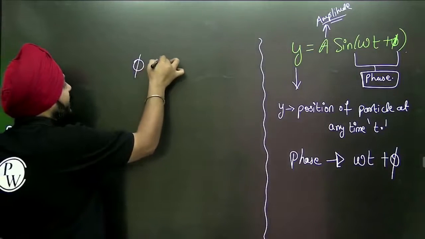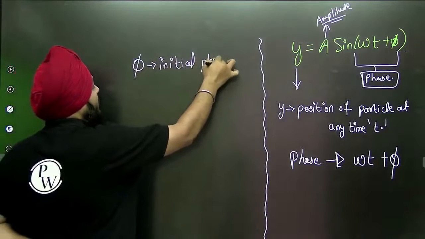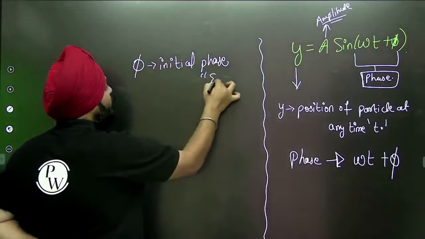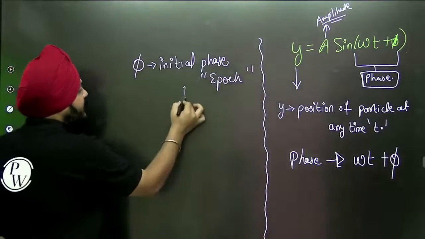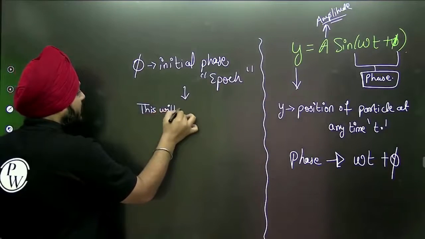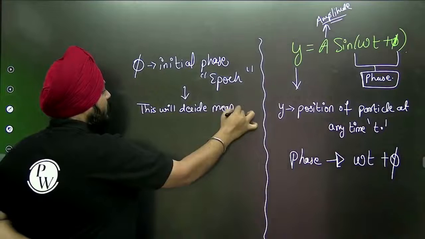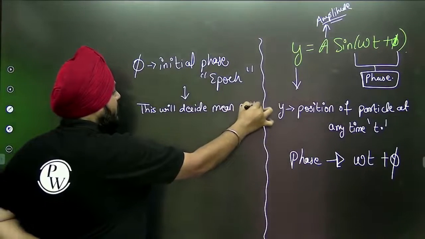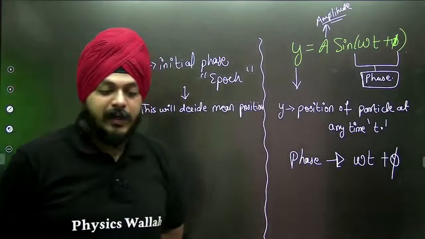Phi is the initial phase, or it is also known as epoch. This will decide the mean position of the particle.